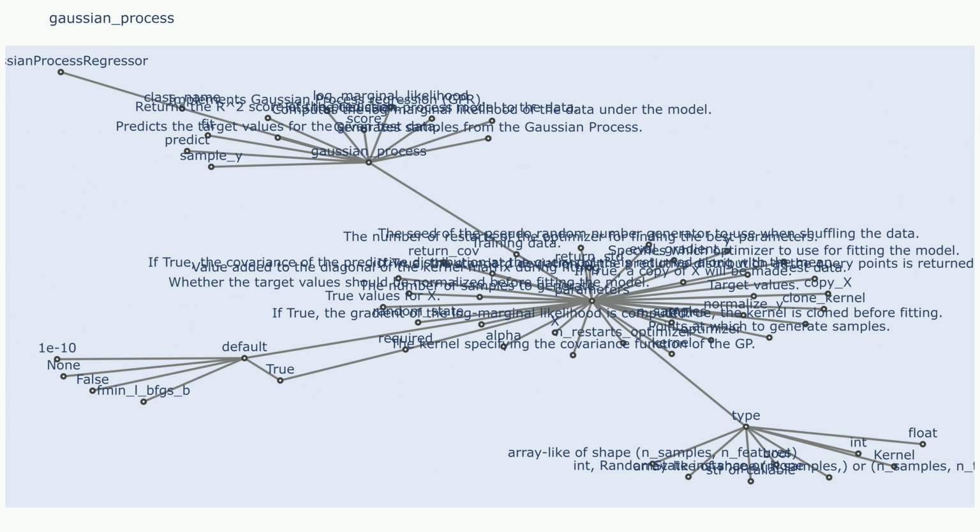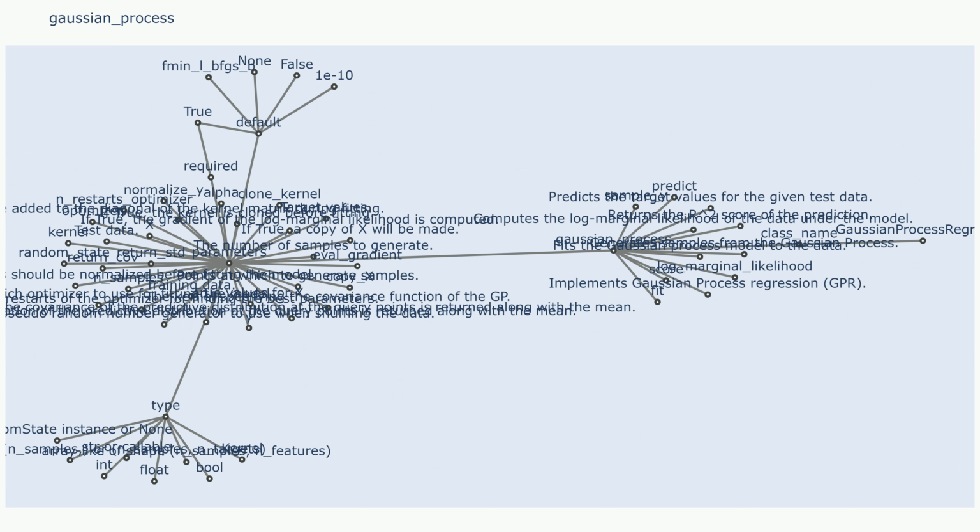In summary, sklearn Gaussian process provides a powerful, flexible framework for non-parametric regression. With Gaussian process regressor, you can model complex relationships between input and output variables, leveraging the expressiveness of Gaussian processes.